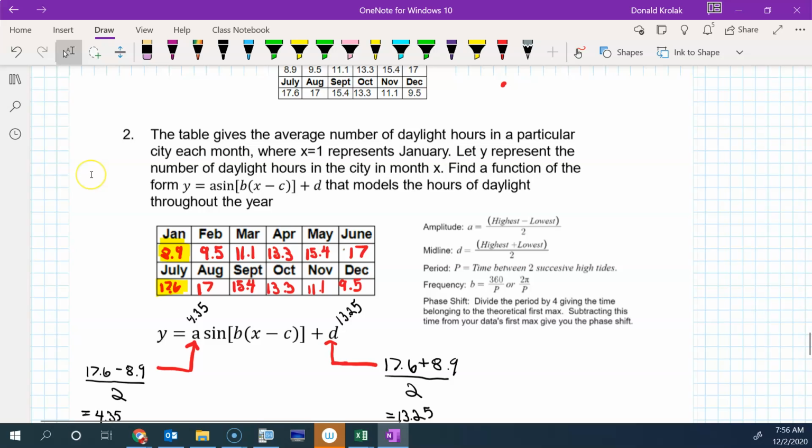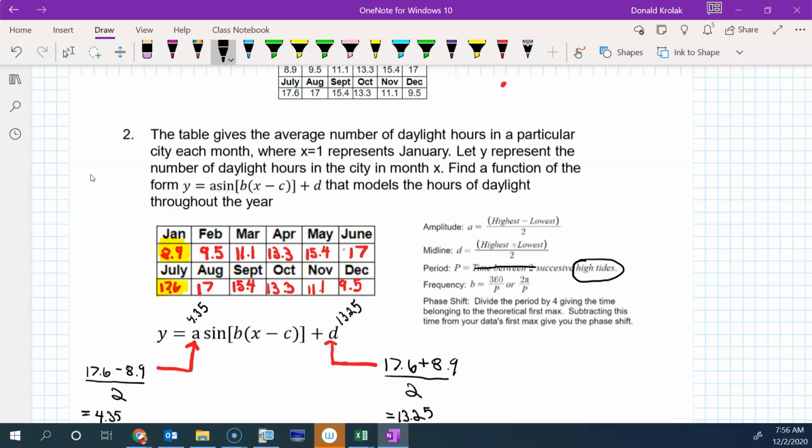Okay, so to get the period on this, normally we look for the time between two successive highs, and this was for like high tides. But since this is measuring the temperature for the entire year, your period is automatically going to be, in this case, 12 months.